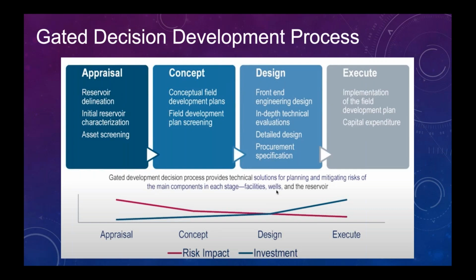If it's manageable, then that's more than enough. We don't put all the risk at zero. It cannot be, because the subsurface environment will always stay uncertain. Mother nature is uncertain. So we are trying to minimize uncertainty as we move in this funnel from appraisal, concept, design, and execution.